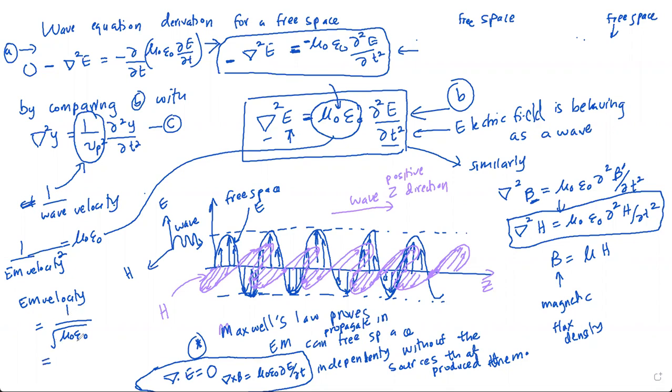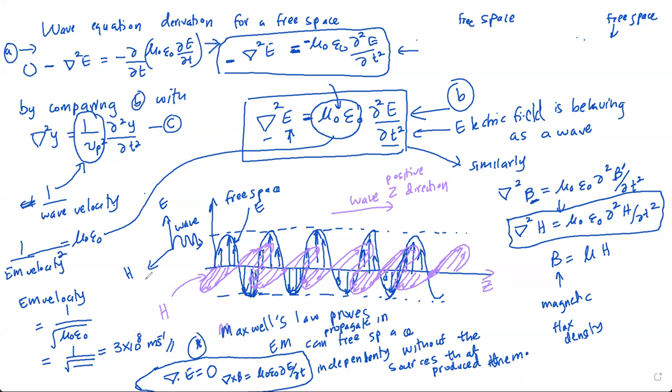Once we substitute the standard values for mu naught and epsilon naught, we find that the velocity of the electromagnetic wave in free space is equal to 3 into 10 to the 8 meters per second. So the velocity of electromagnetic waves in free space is equal to the speed of light.